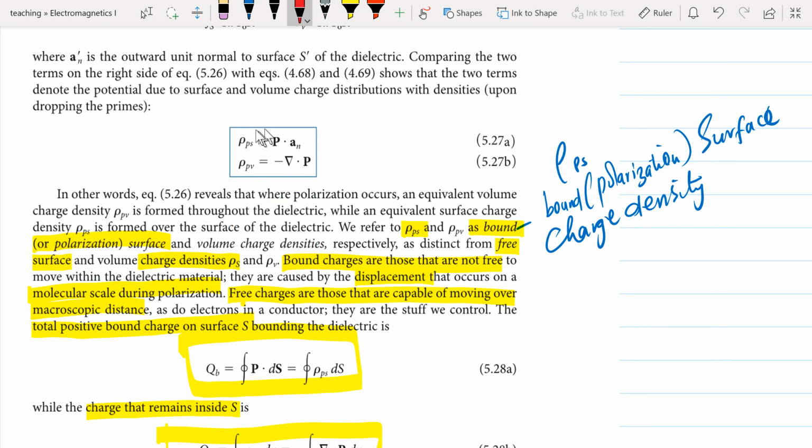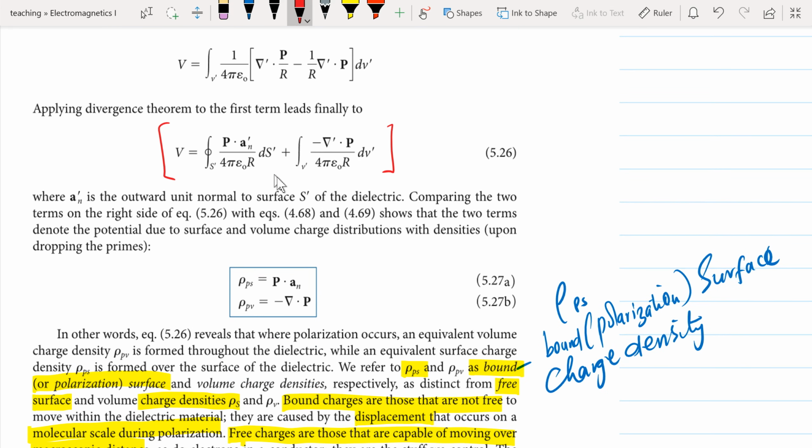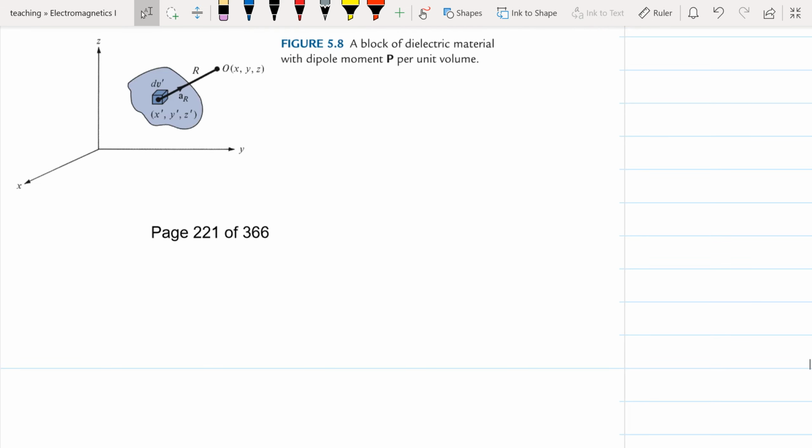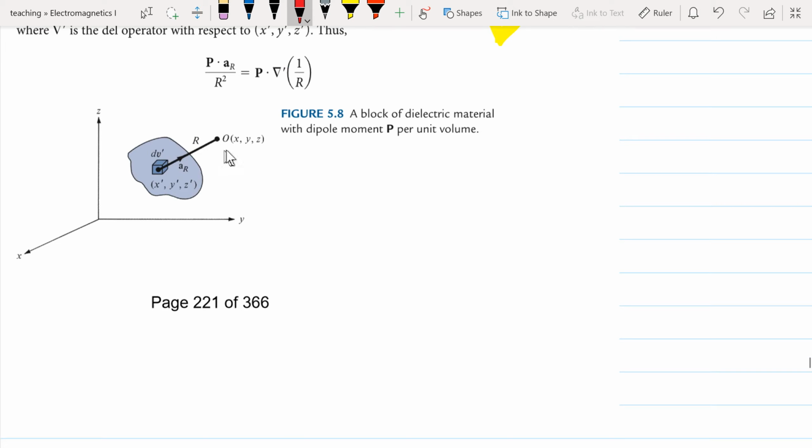Just to rephrase, we are looking for V at point O. When you follow the derivation that we have skipped, we observe that we have two terms that define the potential at point O. Remember where point O was in our figure: we were trying to find the potential at point O due to this elemental volume having some charge density.